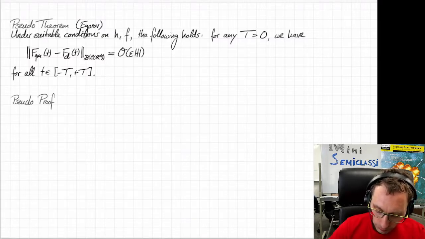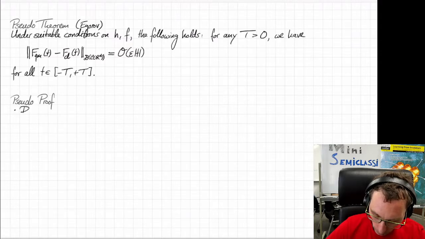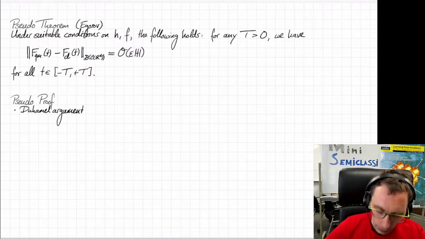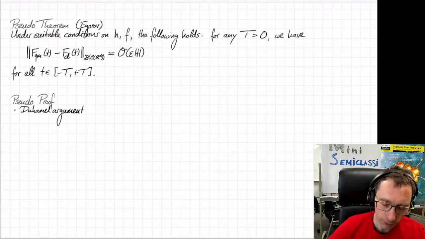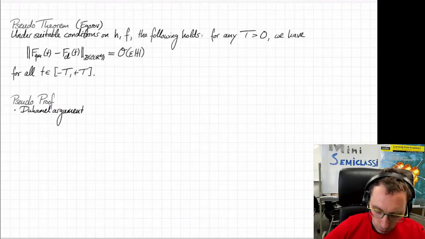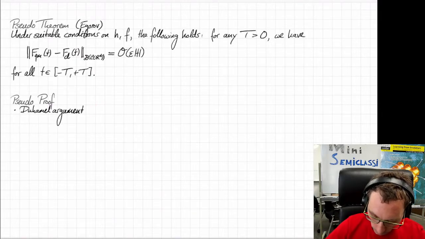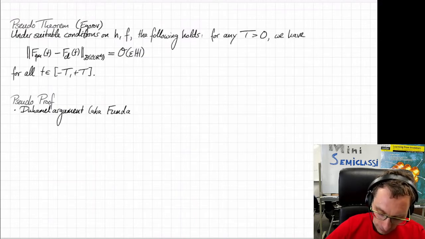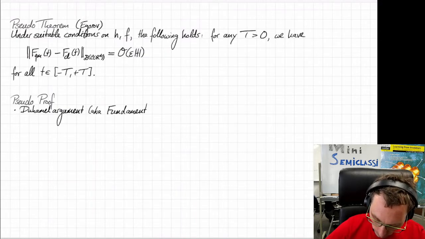So the first step in the proof is a so-called Duhamel argument. I'm using the term of art on purpose so that you know it. But if you don't know what a Duhamel argument is, well, it's better known as the fundamental theorem of calculus. A fancy version, but essentially it's that.